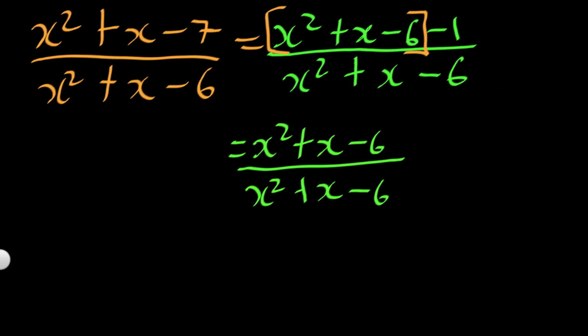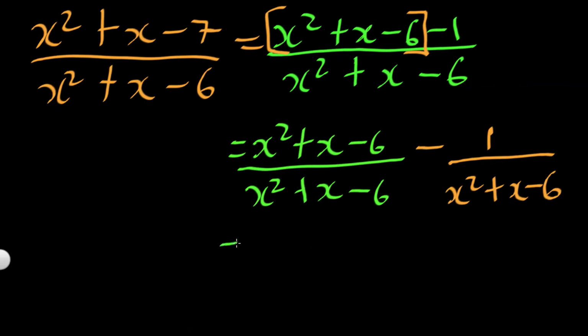All right, let us carry on. Minus 1 over x squared plus x minus 6. Now, the first part here is 1.